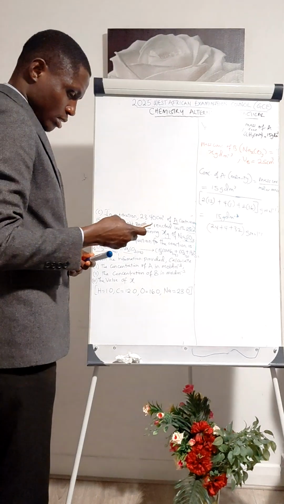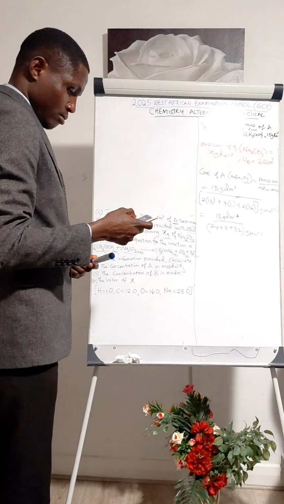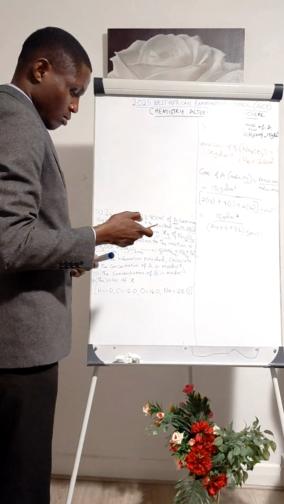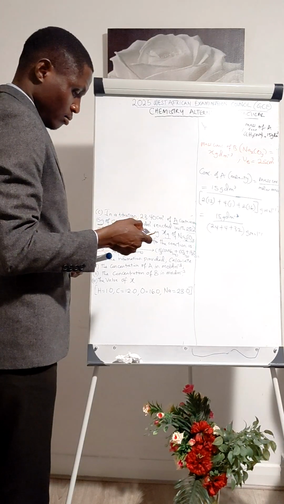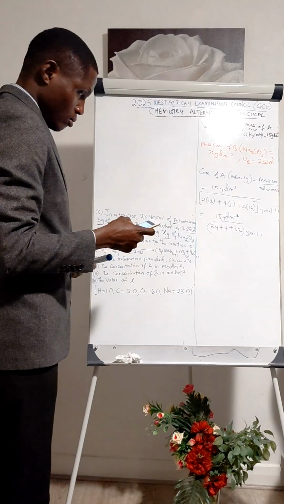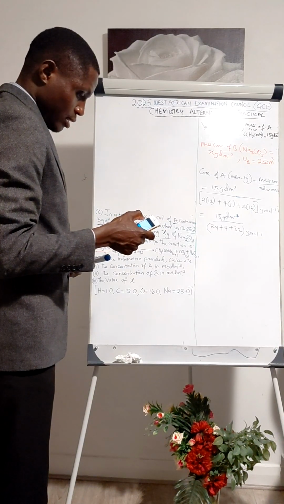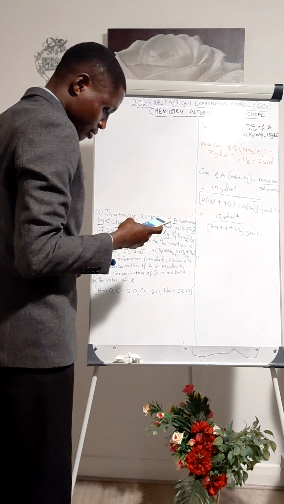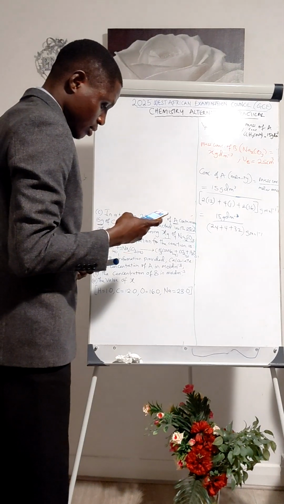I'm using the calculator now to calculate: 15 divided by 24 plus 4 plus 32.